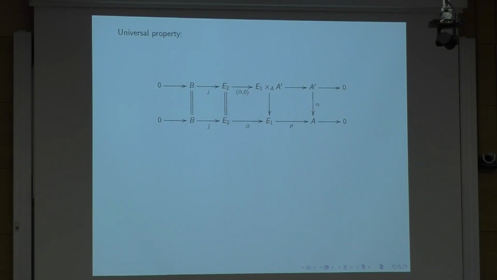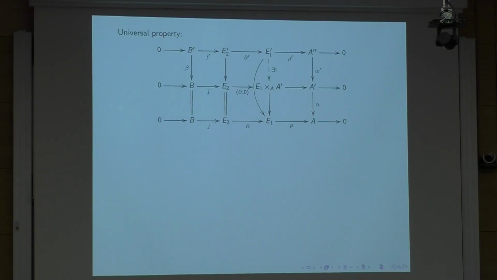Because, of course, if we take another extension with the beta and the alpha prime between kernels and co-kernels, then if we have a morphism of exact sequences, then because of the properties of the pullback, we can find exactly a unique arrow inside the pullback.